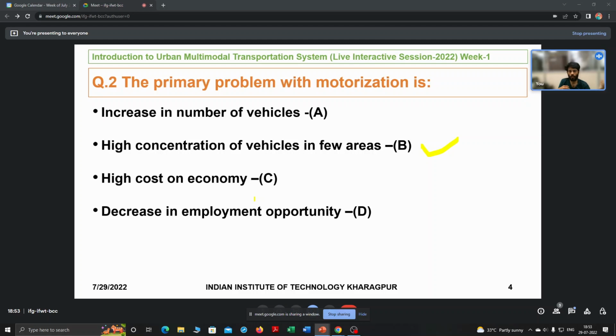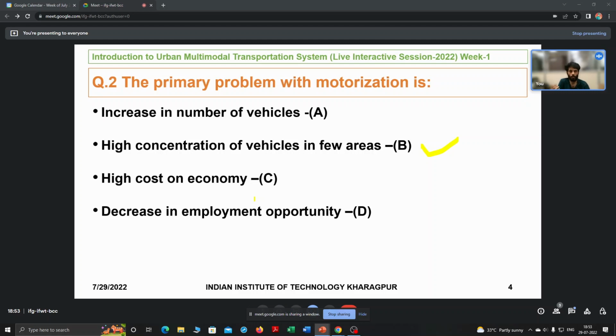So then, what about the decrease in employment opportunity? We cannot say that motorization directly decreases your employment opportunity, but you can think of it like this. If you have a congested road and if you are poor, you have no means to travel by car. You need to travel by bus only, public transport only.